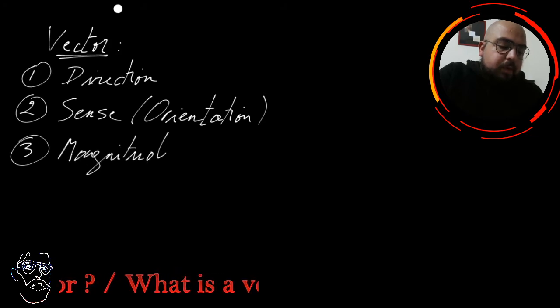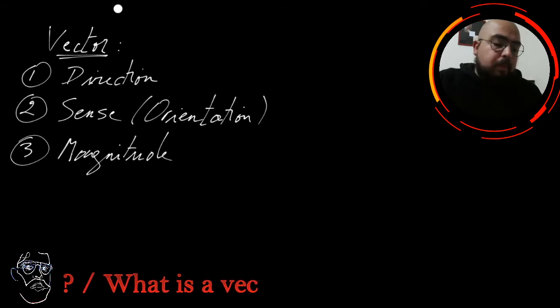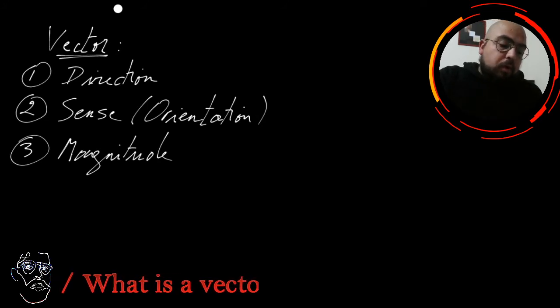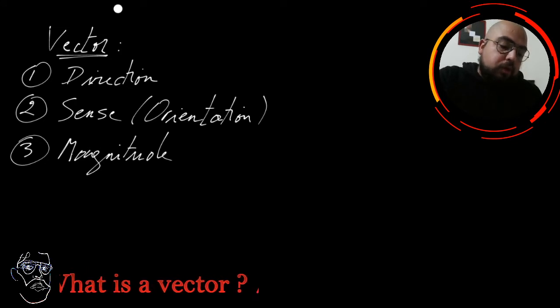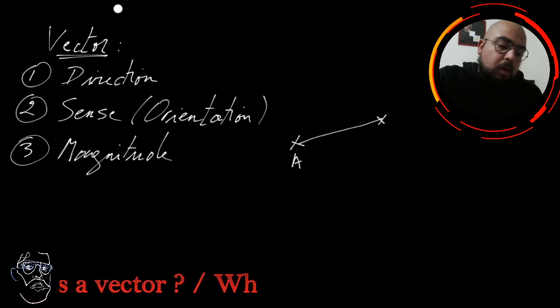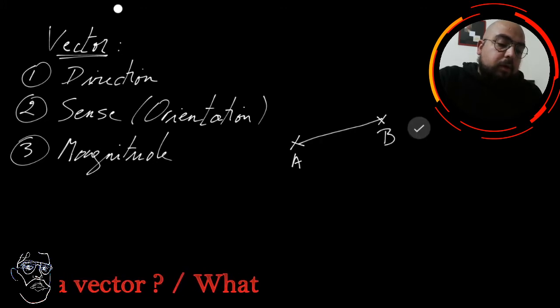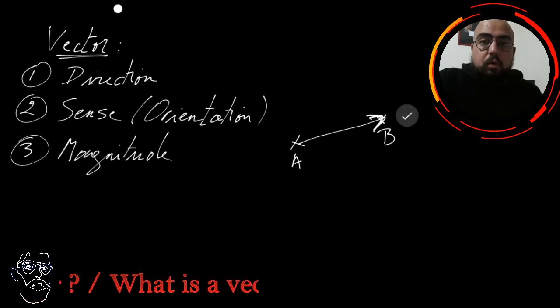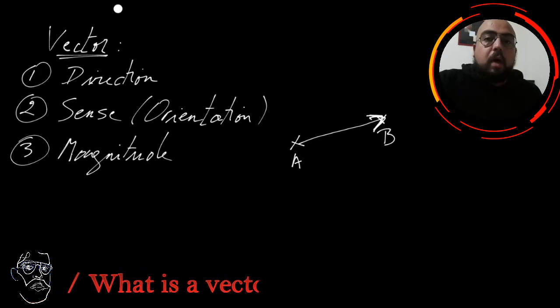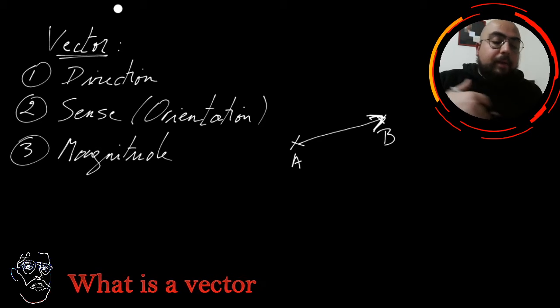Now, how do we represent a vector? It's a segment which is, of course, since we said it's oriented, it has a certain orientation. So this will be our segment AB. And since it has a certain orientation or direction, I can simply say that this is the vector AB, which has an arrow at the point B. It could be the arrow at the point A. What does it mean?